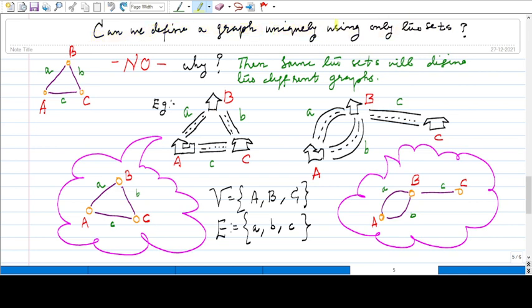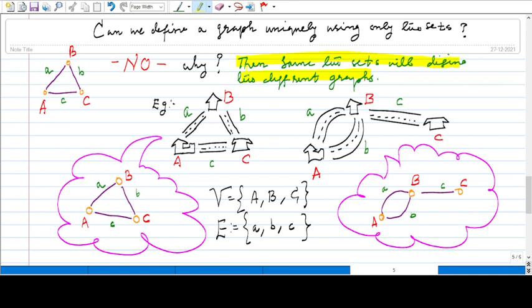What I'm trying to tell you is that you have two sets, the capital V and capital E. Is it possible to define a graph uniquely? That's my question. The answer is no. And why? The reason is that the same two sets can define two different graphs.